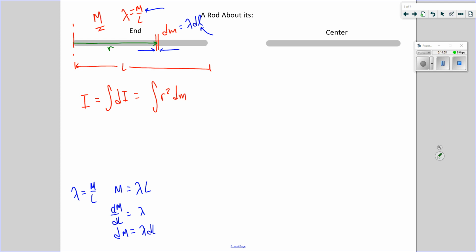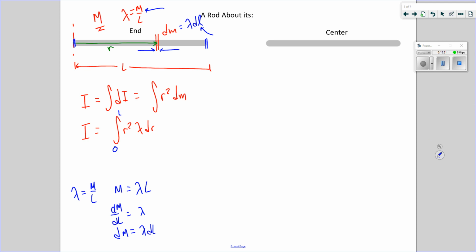So that means we can write this as r squared lambda dr, where our r's vary from nothing all the way out to L. Where can these things be located? Well, the first one's right here. The last one's all the way at the end.